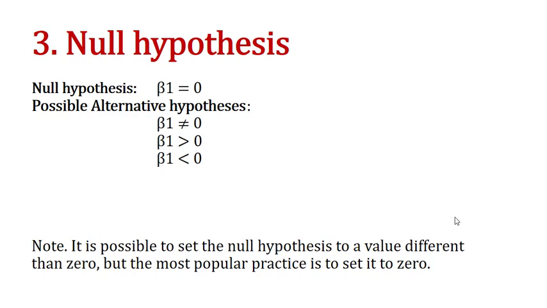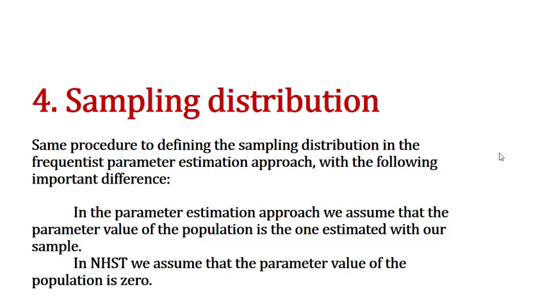But typically, most of the studies in psychology use 0 as the null hypothesis. So I'm going to use this in this explanation as well, but it is important to know that it's not necessarily the case. We can use other values as the null hypothesis.